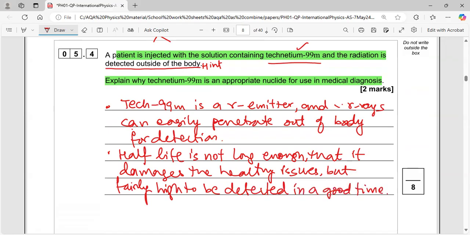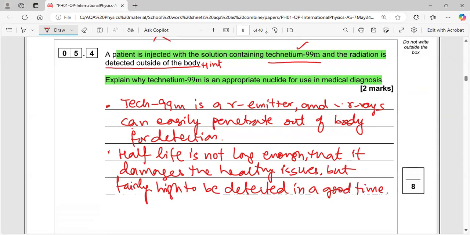Like, it's not that its half-life is a few seconds or minutes, that as soon as technetium-99m gets into the patient's body, the radiation is gone. You need some time for them to be detected as well.